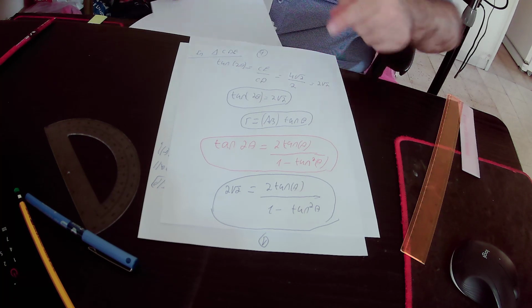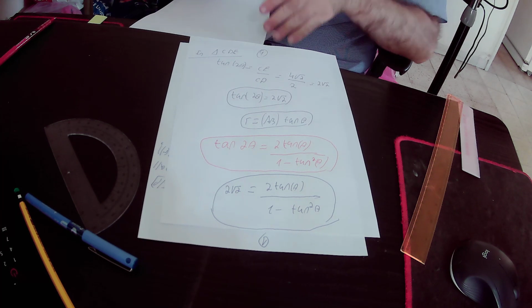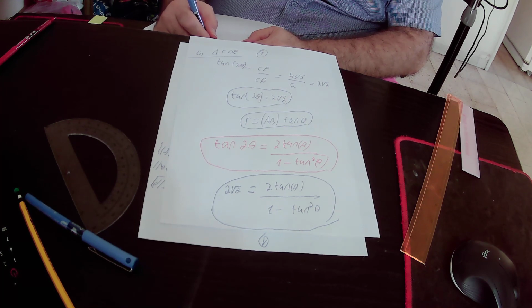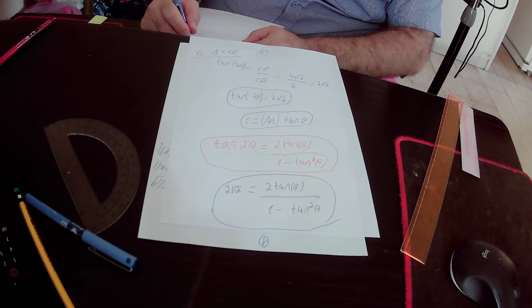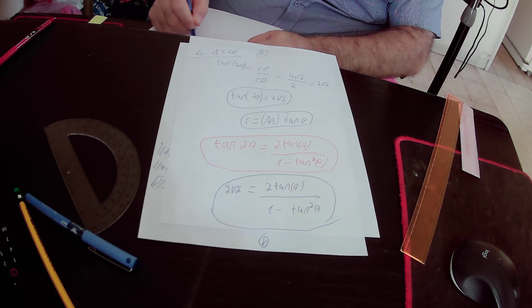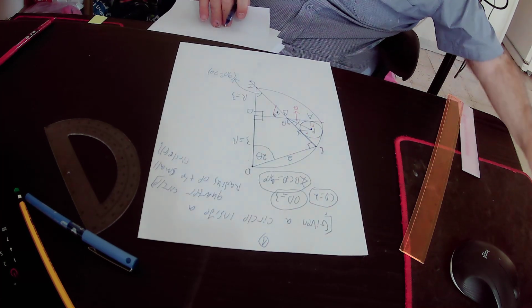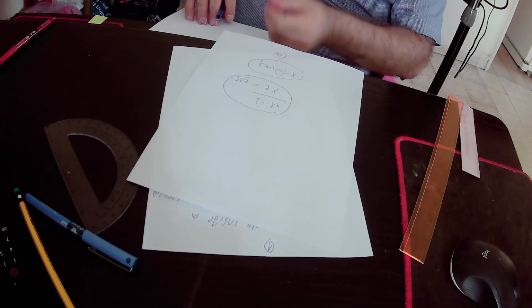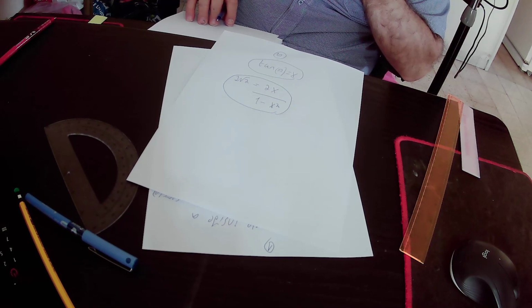So we substitute tangent theta by x, and we get that 2 times root 2 equals 2x over 1 minus x squared, since tangent theta square is x squared.